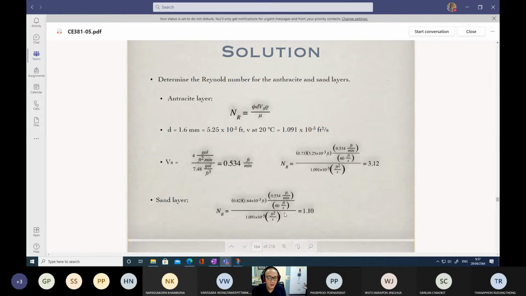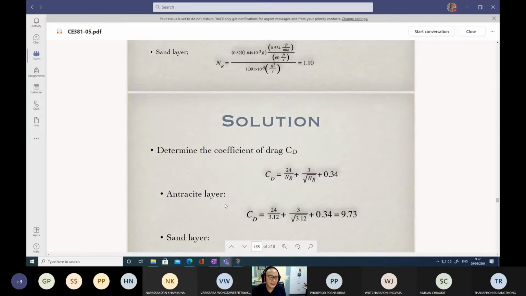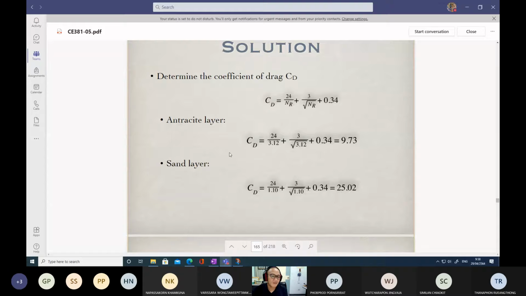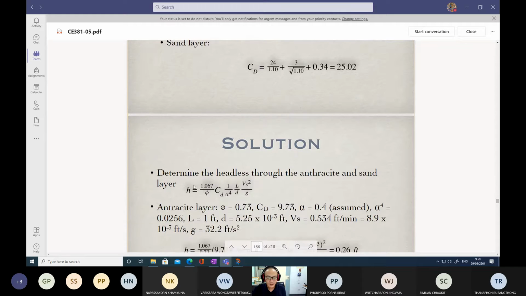1.1. And from this Reynolds number, again, we need to find out the coefficient of drag in the anthracite layer, and the coefficient of drag in the sand layer. Finally, we obtain 9.73 for the anthracite and 25.2 for the sand.